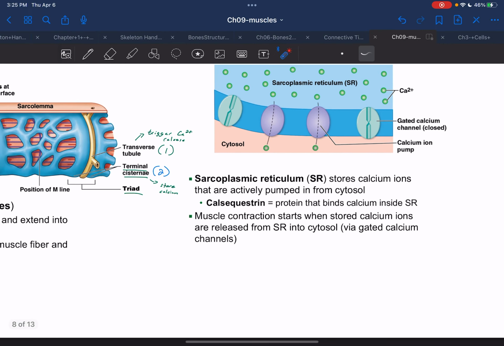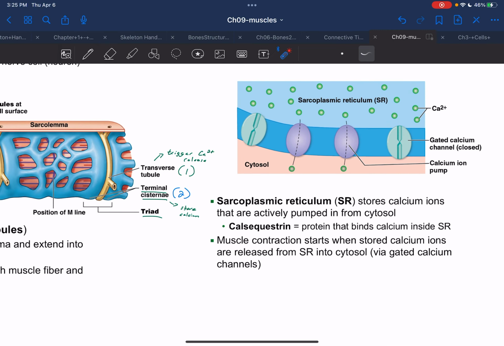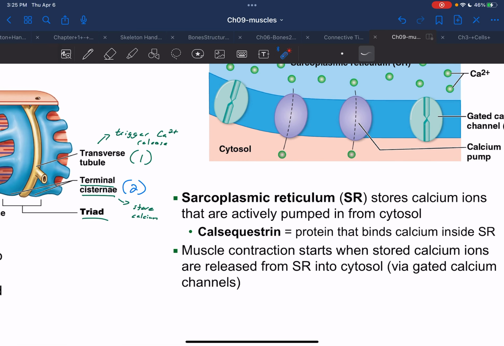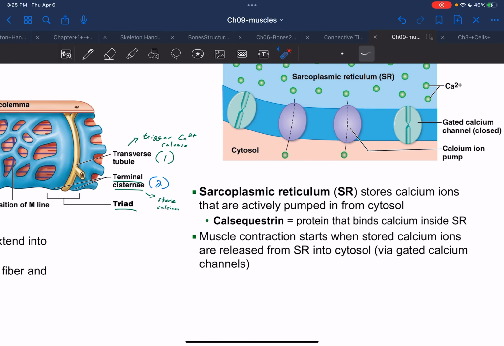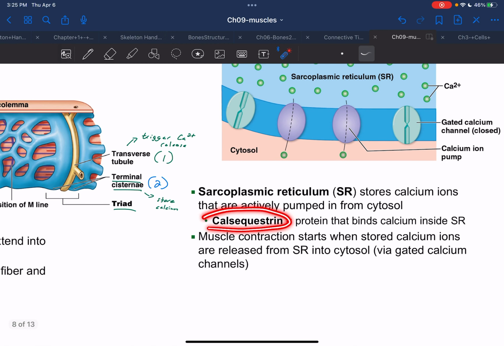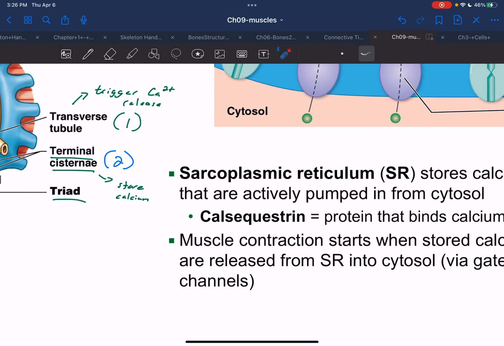Nothing new to say there. This is all the same thing. And now, this structure here that you're seeing, this terminal cisternae, believe it or not, it's something that you already know. What does the word reticulum remind you of? Endoplasmic reticulum. Instead of calling it an endoplasmic reticulum, we call it a sarcoplasmic reticulum. That's it. And inside of that sarcoplasmic reticulum, inside of your terminal cisternae, you have a protein called calsequestrin, like sequester.